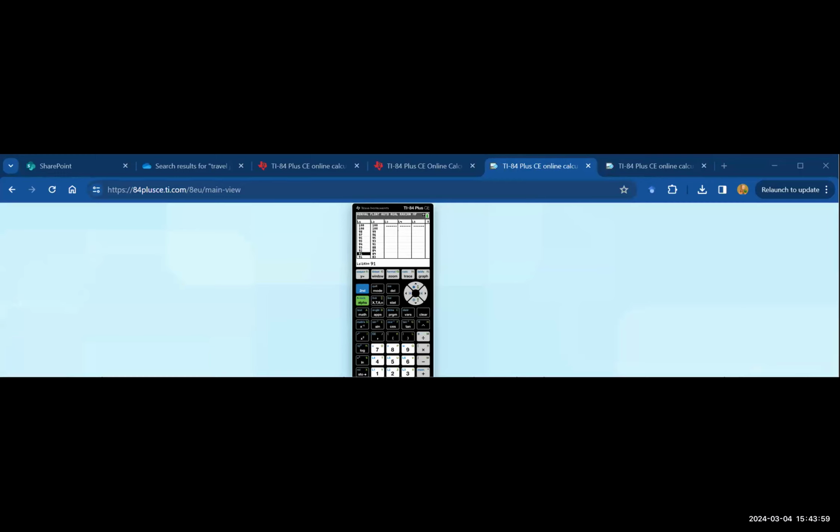The next thing that I wanted to look at, so think about comparing the two histograms, look at the shapes, the spread.